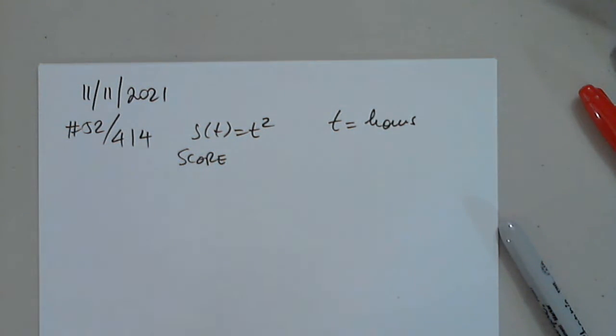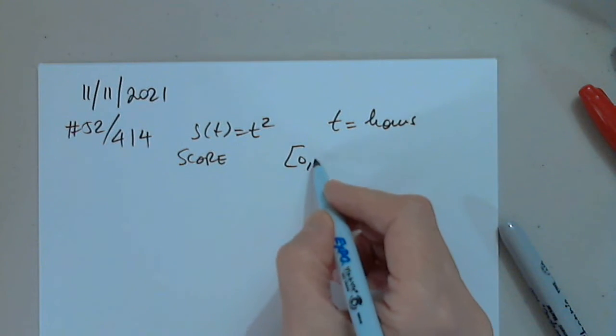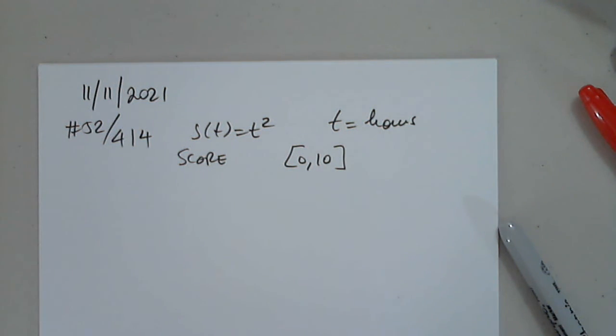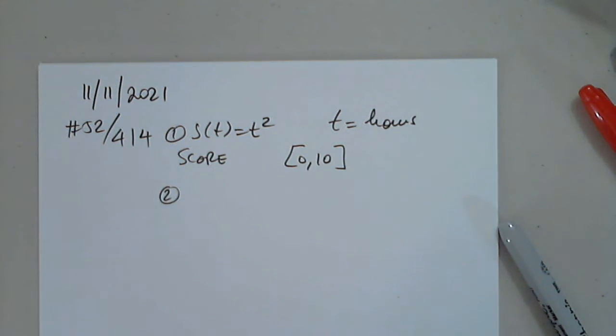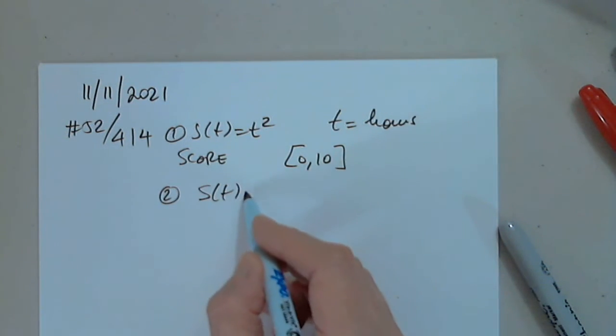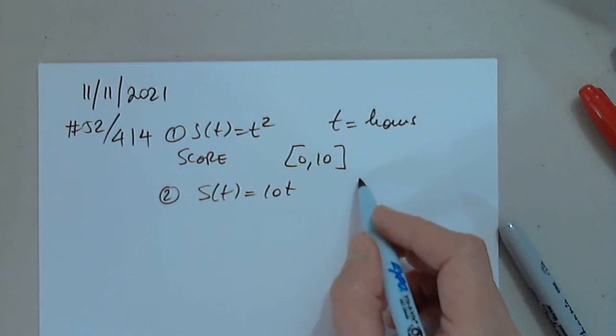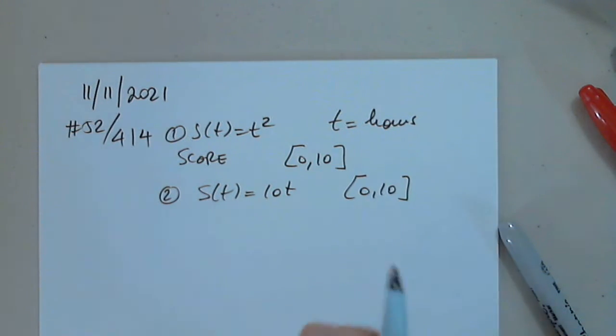We are given 0 to 10. This is for number 1, and the second person has S of t equals 10t for the same thing, 0 to 10, and S of t is the score after t hours of study.